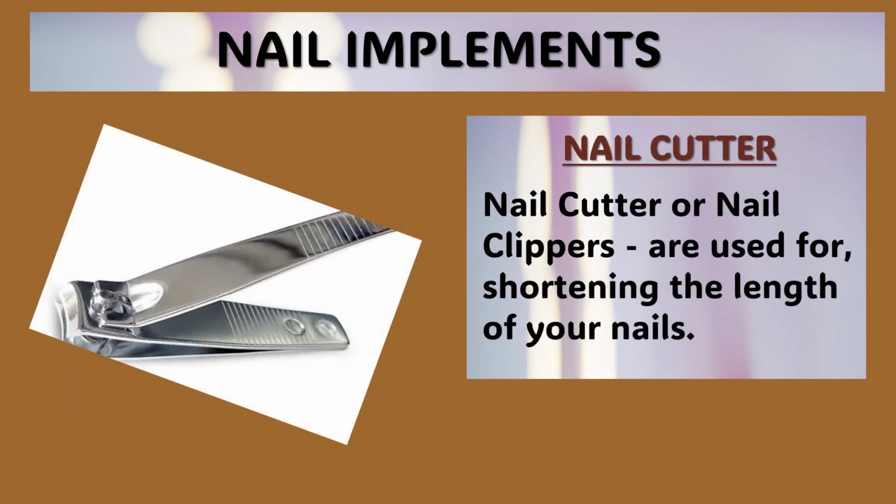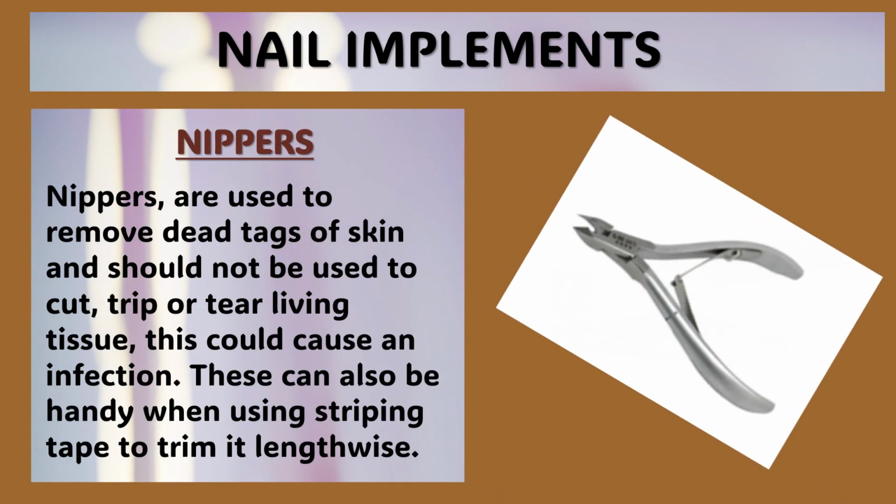Nail cutter or nail clippers are used for shortening the length of your nails. Nippers are used to remove dead tags of skin and should not be used to cut, trim or tear living tissue. This could cause an infection. These can also be handy when using striping tape to trim it lengthwise.